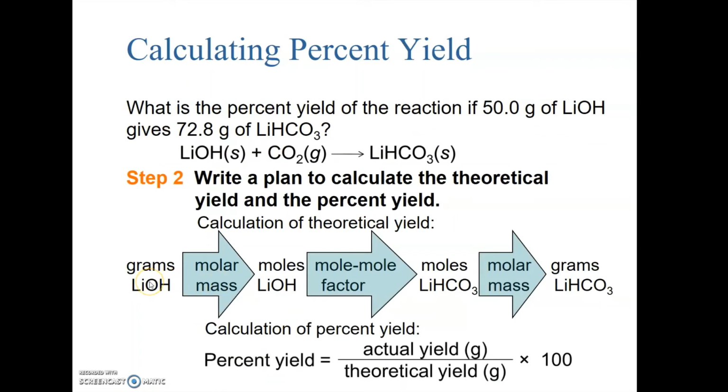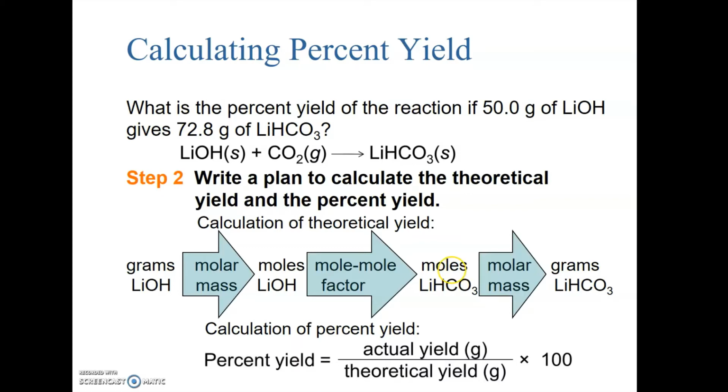This is our plan: we go from grams of lithium hydroxide, use its molar mass to get the moles of lithium hydroxide. After we get the moles of lithium hydroxide, we use the mole to mole factor between lithium hydroxide and lithium bicarbonate to get the moles of lithium bicarbonate.